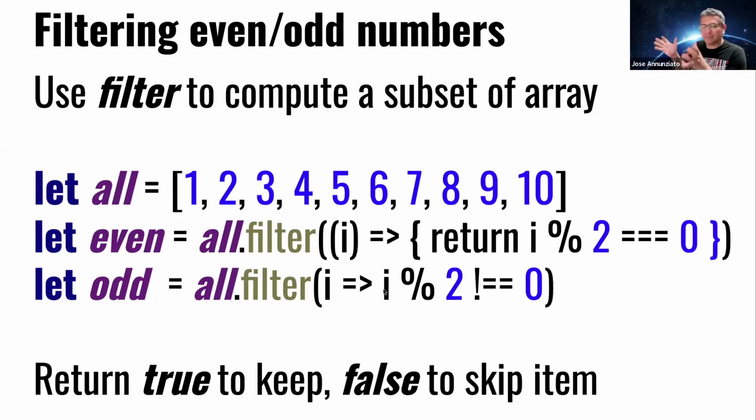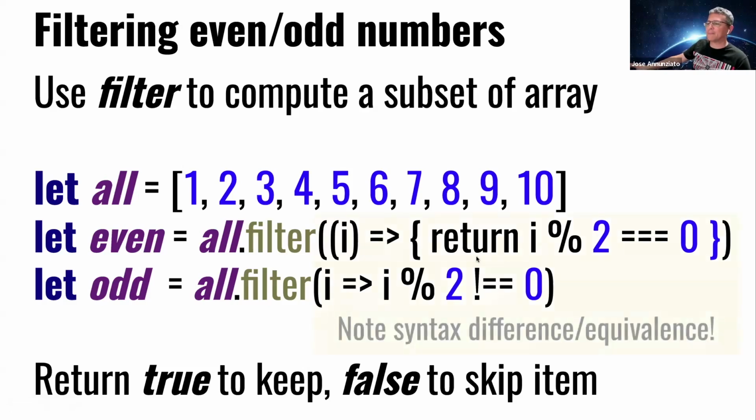Very, very compact. See that? Very abbreviated. If the number's remainder is different than 0, it must be an odd number. So odd in the end is going to be a brand new array that is a subset of the larger array, but it's going to contain 1, 3, 5, 7, and 9. Note the syntax.